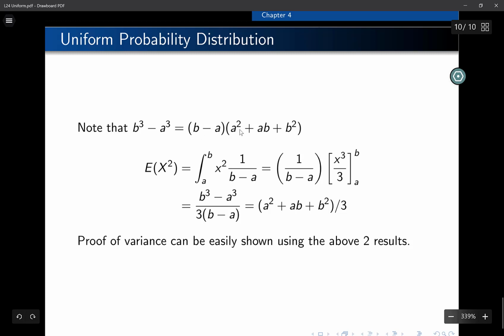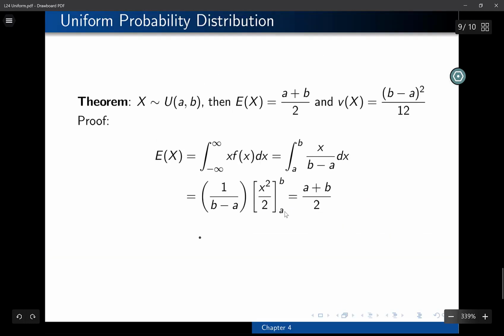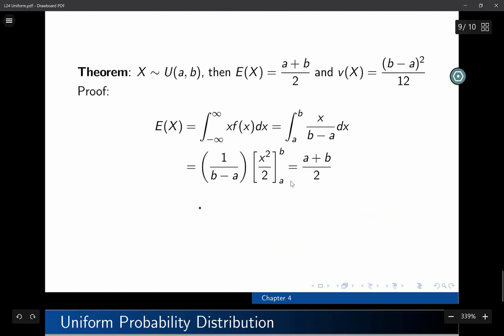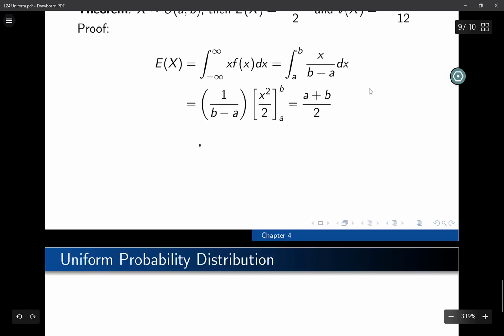You probably studied this in school. In any case, b minus a cancels out and you're left with this. And then you can combine this expectation of x squared and this mean to obtain the variance. The variance should have this form. So make sure that you're able to obtain this exact form of the variance.